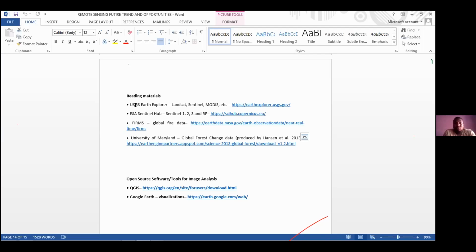You'll have access to Landsat images, Sentinel images, MODIS, a lot of satellites free of charge. Also, go and open an account with the Sentinel Hub. You'll have access to Sentinel and Landsat satellites free of charge. Just open these links and create accounts.